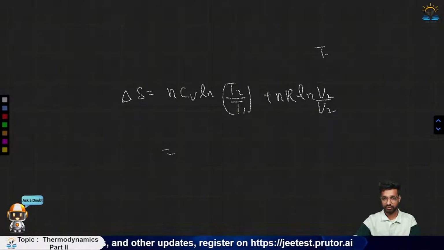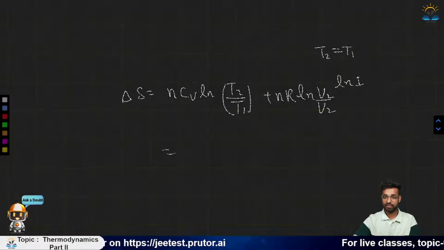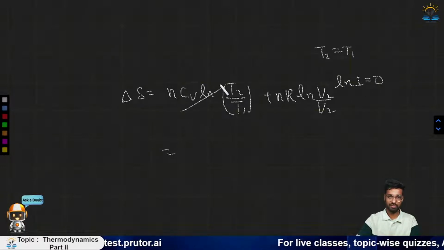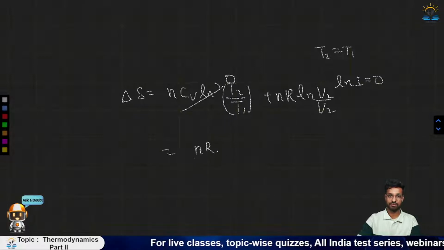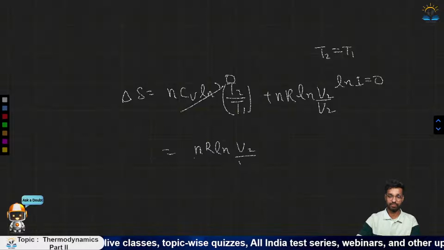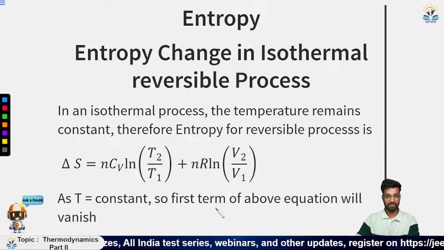Now since T2 is equal to T1, therefore ln 1 is equal to 0. So this value will be 0 and it will be finally nR ln V2 by V1. So this is the final formula.